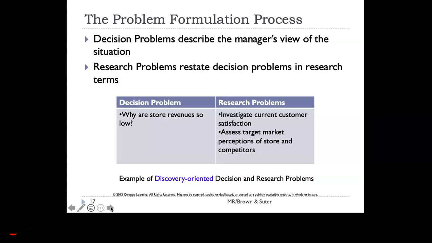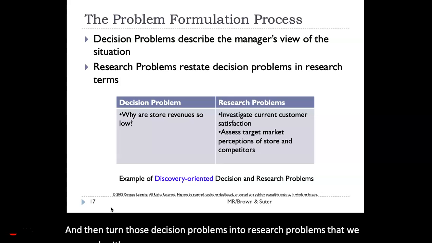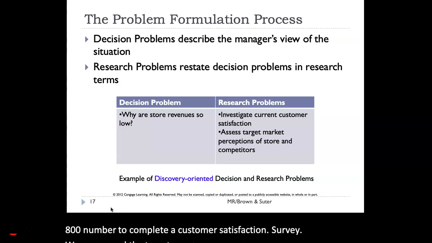And then turn those decision problems into research problems that we can work with, such as investigate current customer satisfaction. Perhaps we survey customers as they leave the store, or we ask them to call an 800 number to complete a customer satisfaction survey, or assess the target market perceptions of store and competitors.